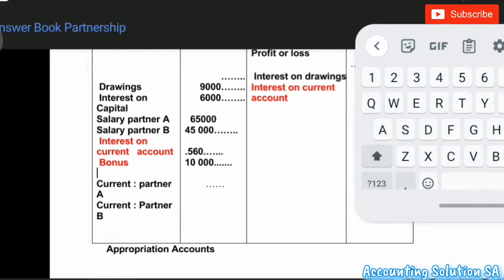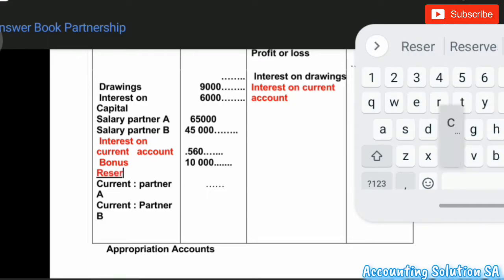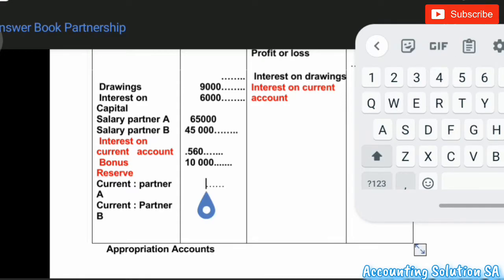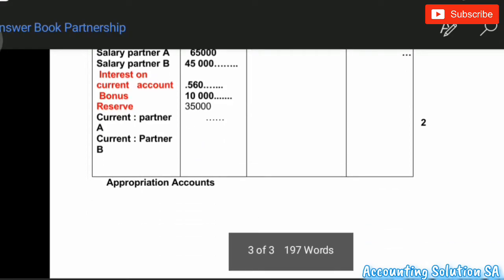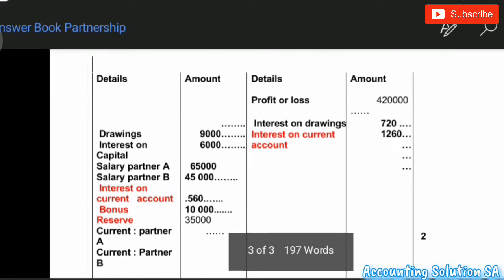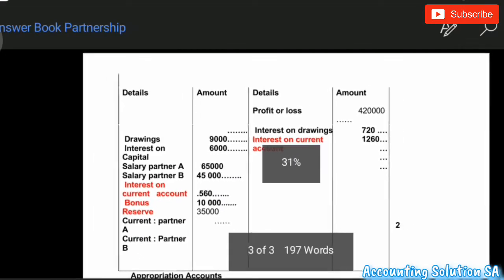Okay, reserve of 35,000. Okay, I apologize about my numbers. I can see that they're not in order, as long as you get the principle. Okay, then we are done allocating.